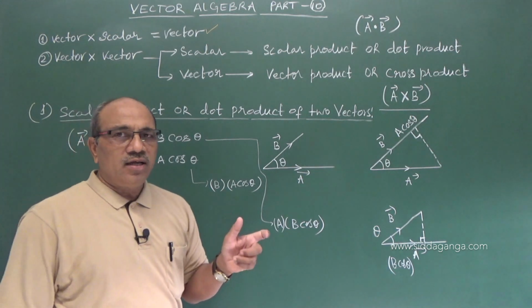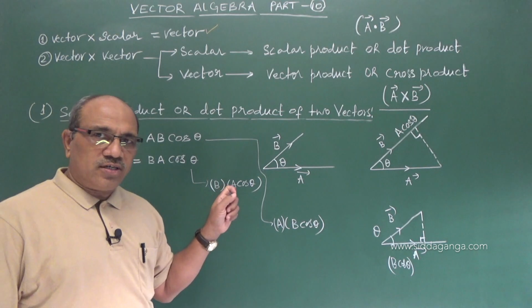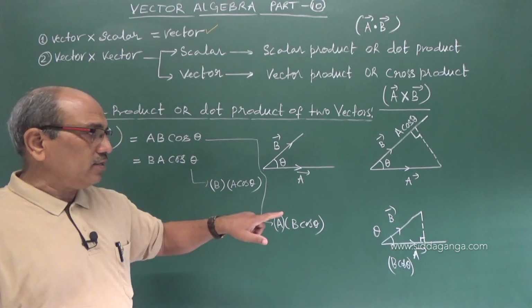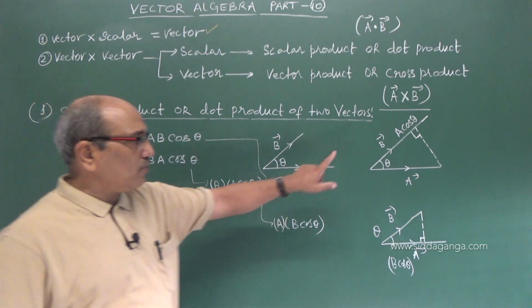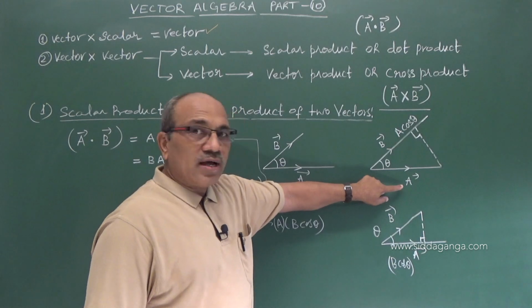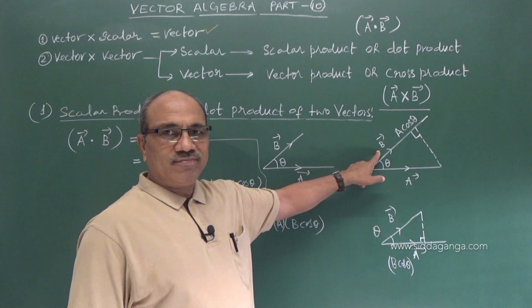Therefore, my new definition is: the dot product of two vectors is numerically equal to the product of the magnitude of a vector B and the component of the other vector along its direction.